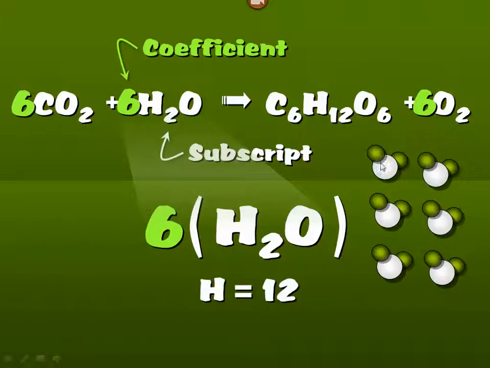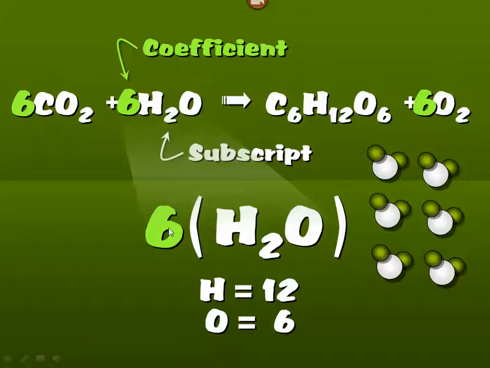So without making them out of beans or without drawing out all the molecules, you can simply go, oh, 6 times 2, there's 6 sets of 2 hydrogen atoms for a total of 12 hydrogen atoms. How about the oxygens? Well, obviously there's 1, 2, 3, 4, 5, 6 of the oxygen molecules. You can think of this as having a 1 here, right? We don't write it, but you could. 6 times 1 would give you a total of 6 oxygen atoms.